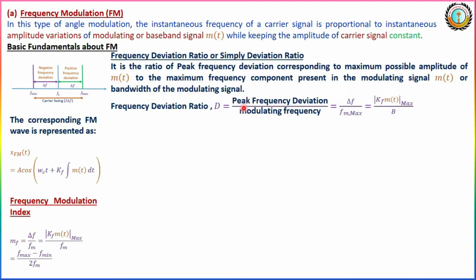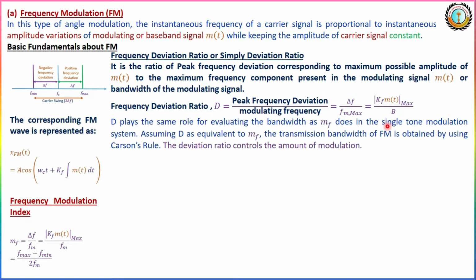So it is the ratio of peak frequency deviation to the maximum modulating frequency, that is delta f by fm maximum, which is also kf times the maximum value of m(t) divided by the bandwidth of the modulating signal. So we can say that the deviation ratio plays the same role in evaluating the bandwidth as MF does in a single tone modulation system.